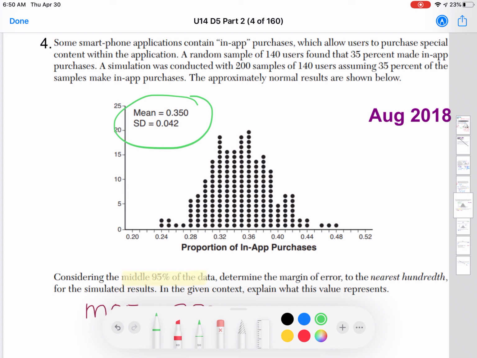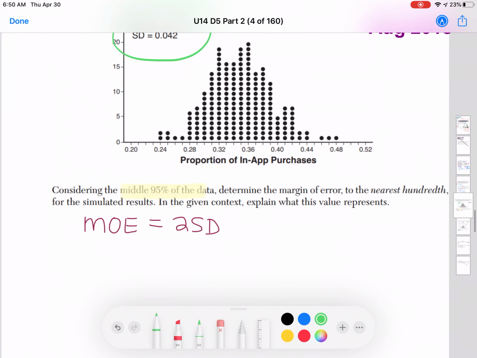Okay, so this is a dot plot again, and again, a simulation was made, so the computer did it. But what's nice about these questions is they're always pretty much asking the same thing. It says, considering the middle 95% of the data, determine the margin of error. So they want me to find the margin of error to the nearest hundredth.